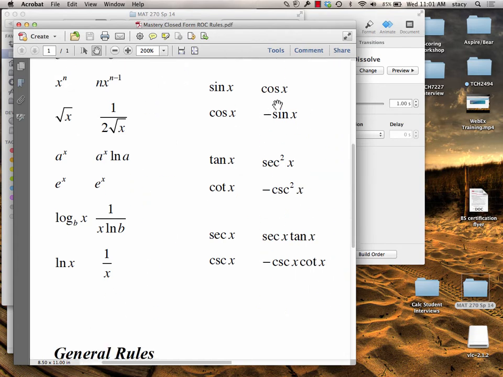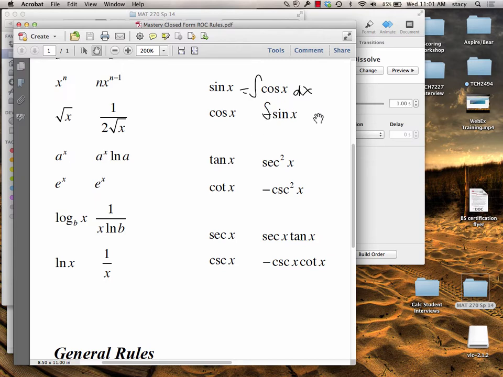Okay, all of the trig functions in reverse, right? So if you wanted to make something clean and pretty because you love to memorize lots of things, what would you do? You would say, okay, well, this is a nice rule for like the integral of cosine x dx is sine of x, but I don't really want to memorize that the antiderivative of negative sine of x is cosine x.